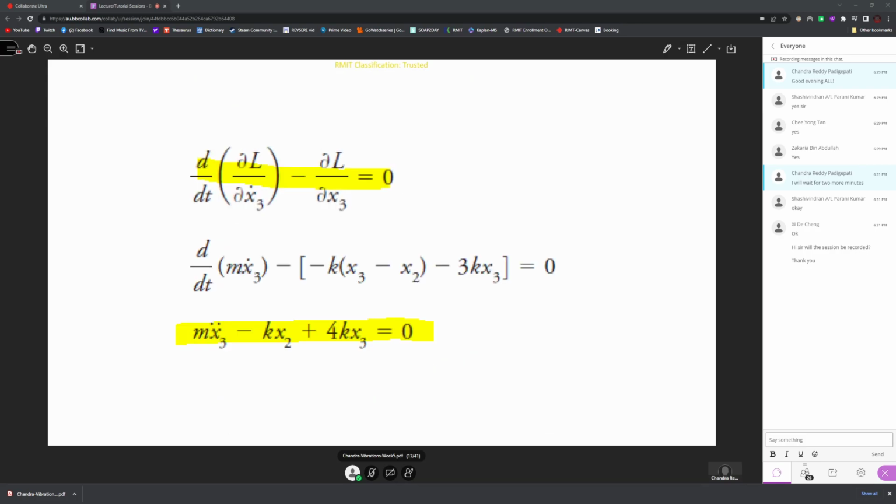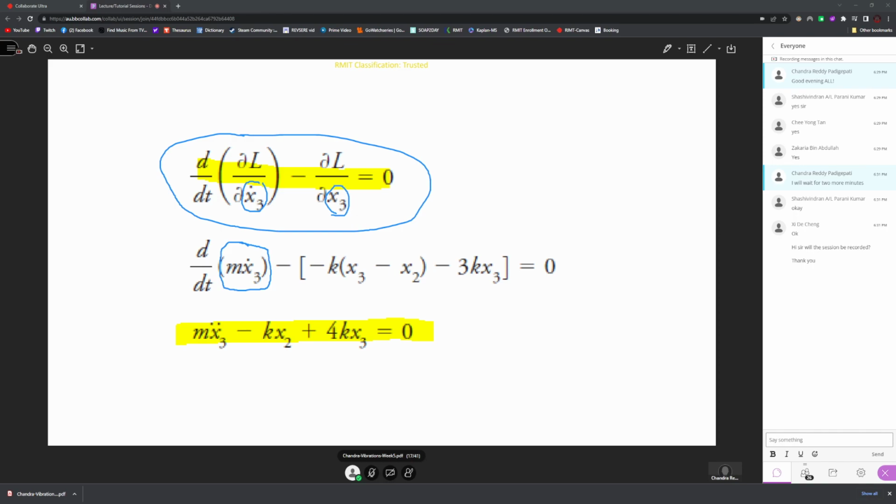Like this, you can also find the third equation. In this case there are three masses, so there is a third equation of motion. This is the same Lagrange's equation, but now the variable is x3 dot, and here the variable is x3. We have seen L, so you take the partial derivative of L with respect to x3 dot, which gives you m x3 dot.